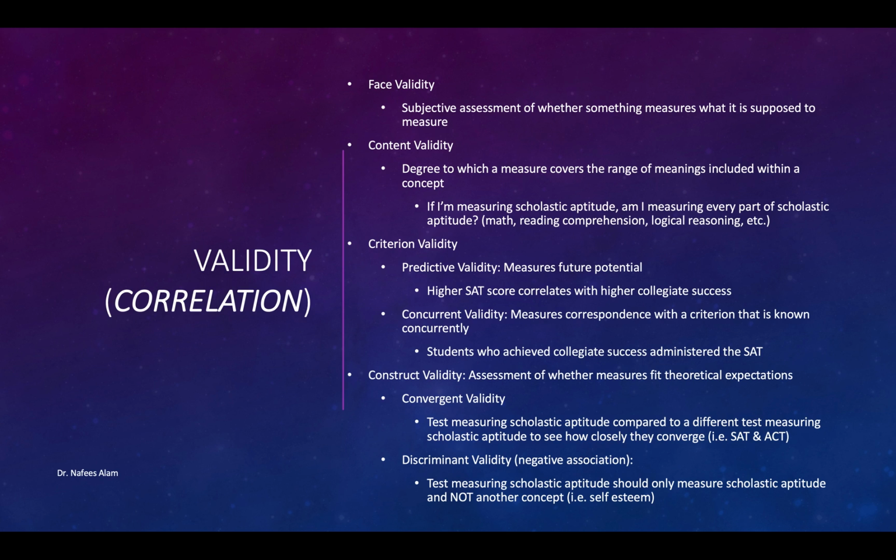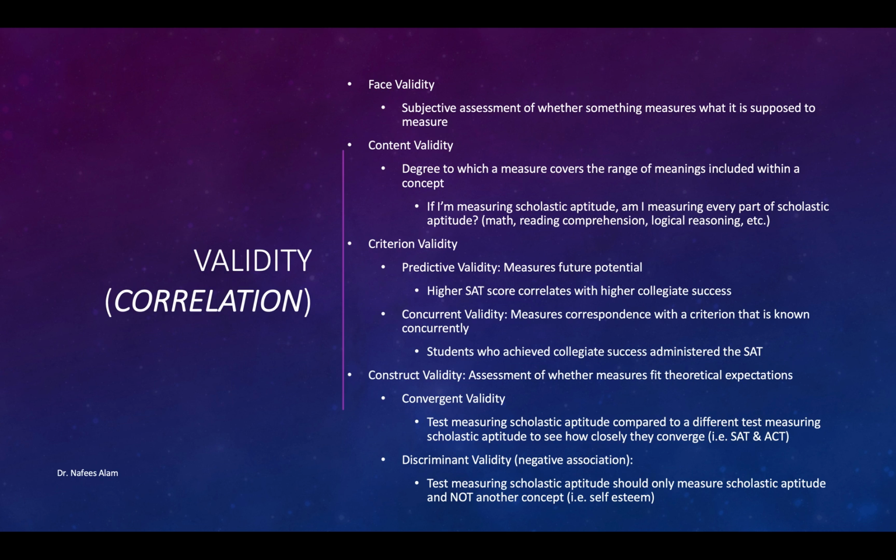So here you might say something like higher SAT scores correlate with higher collegiate success, right? So it's predictive in that you're taking the SAT now, and it potentially predicts your collegiate success. So that's predictive validity under the criterion validity umbrella. Also under the criterion validity umbrella is concurrent validity, which measures correspondence with a criterion that is known concurrently.